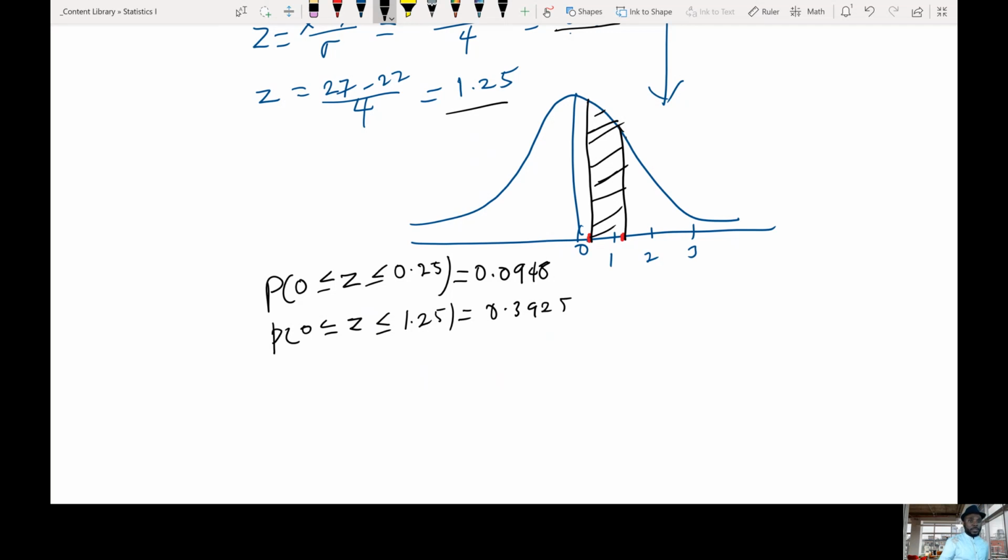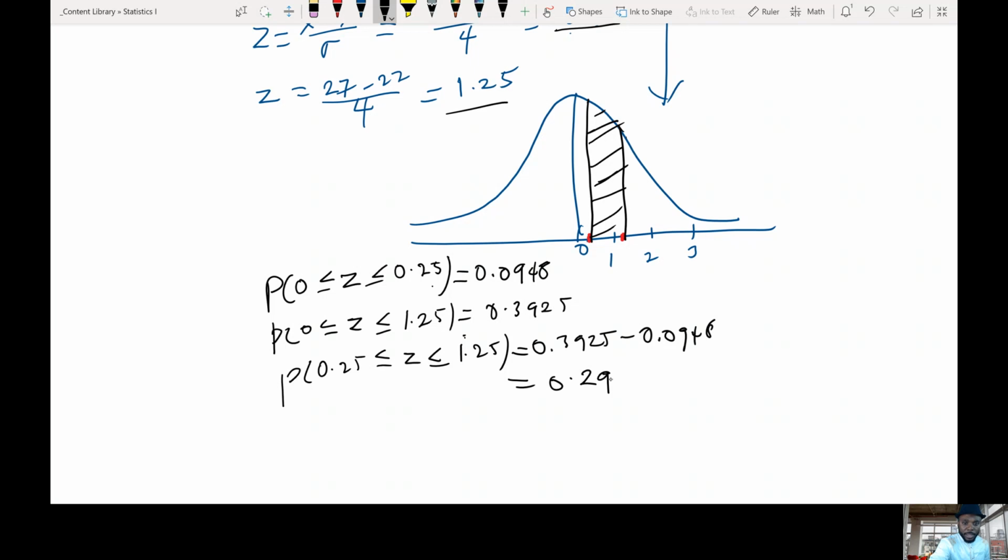And of course, you can always verify this from what we just did. What we need to find is to subtract this from this. So the probability that 0.25 is less than z is less than 1.25 would be the difference between 0.3925 minus 0.0948. Now, this might not be exactly as that which we have in Minitab, but it's very close. So this would be 0.2977. All right, so it's about that.